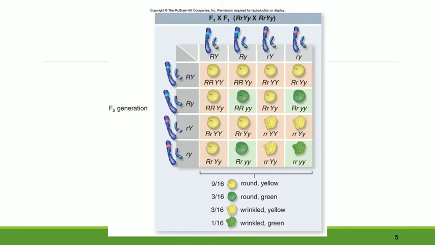Notice that after you complete the Punnett square, which gives you the genotypes of each individual possible, then you can look at what the phenotype will be, right? Always keeping in mind that yellow is always going to overpower the green allele.